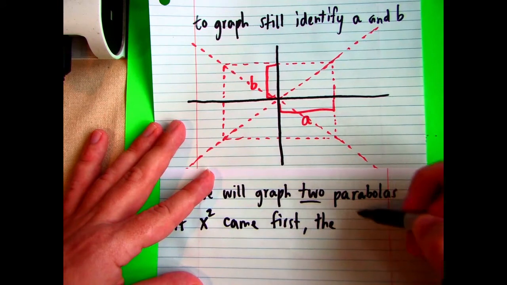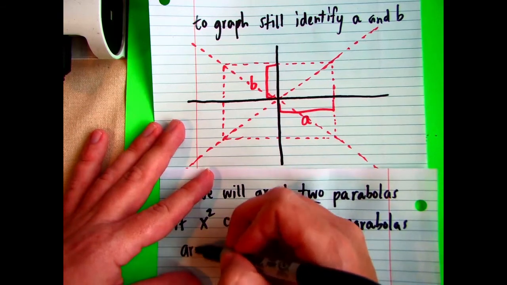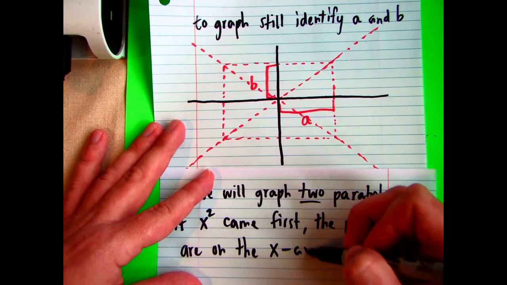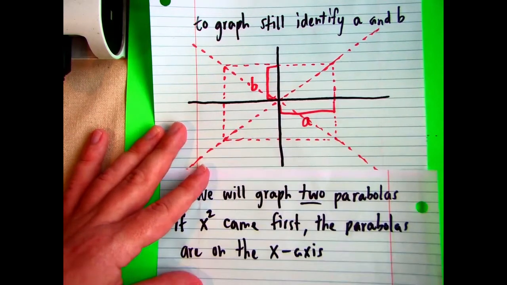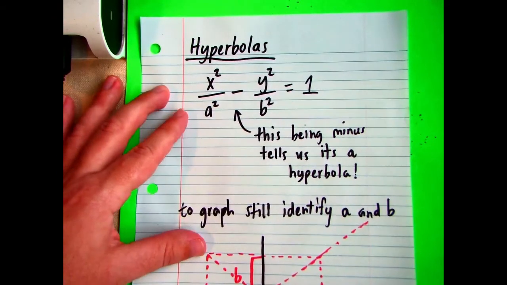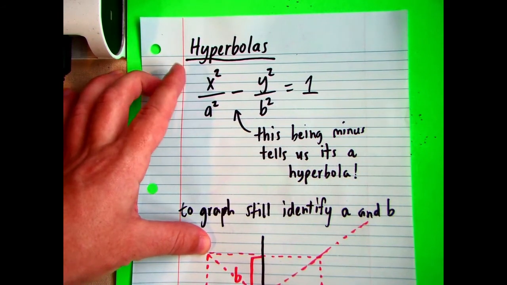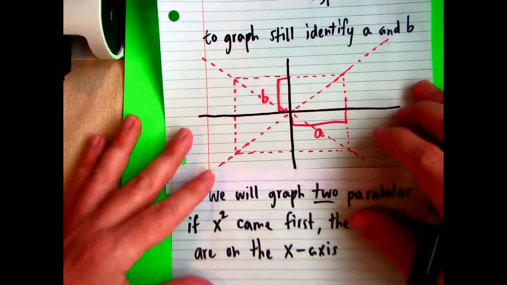And the last thing you got to know is that since x came first, the two parabolas, as well as the vertex and the foci, are all going to occur on the x-axis. Everything you get, the two parabolas, the vertex, the focus, they're all going to be on the x-axis because x squared came first in our equation.